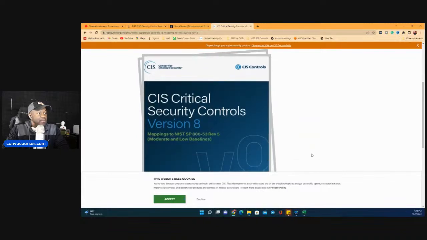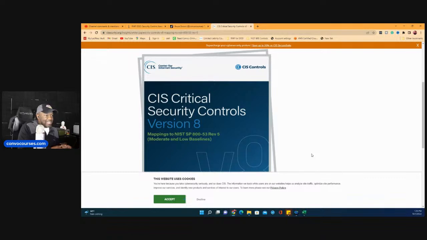Okay, so what we're going to be talking about is the CIS critical security control family. Essentially, it is the security best practices that all organizations should do, the basic things an organization should do to become more secure. That is what the CIS controls do. What I want to show you is how it maps to the government standard, which is called NIST 800 controls.